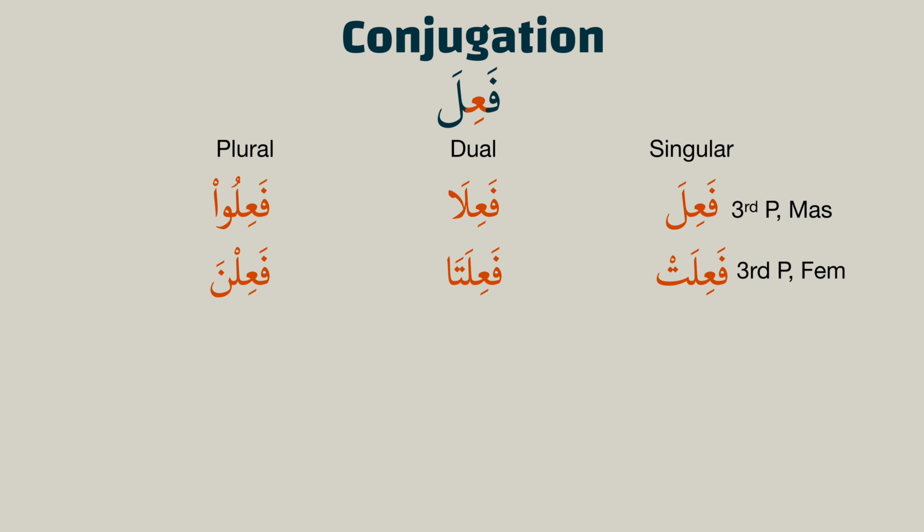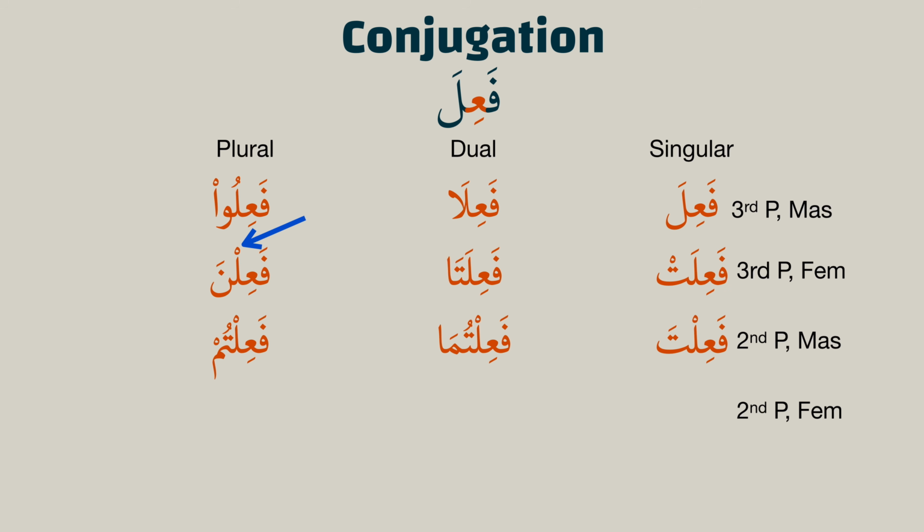As you see, here we see sukoon on the third radical, and this will go from here until the end. Now, for second person masculine, fa'ilta for singular, fa'iltuma for dual, and fa'iltum for plural.